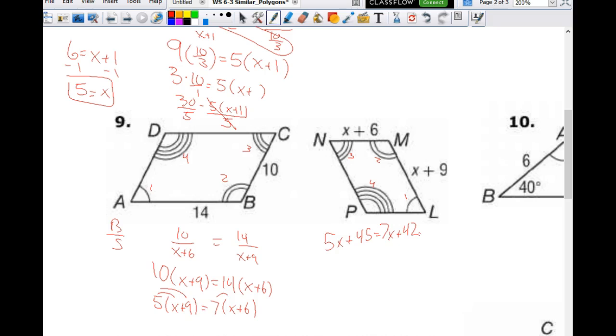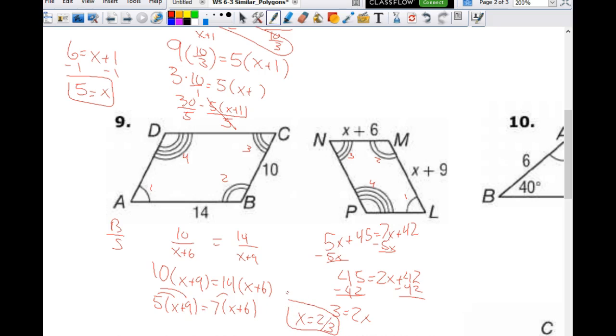What do you mean move them? Oh yeah, we're going to move minus 5x on this side. We're going to get 45 is equal to 2x plus 42, minus 42, minus 42, and we get 3 is equal to 2x. x is equal to 2 over 3.